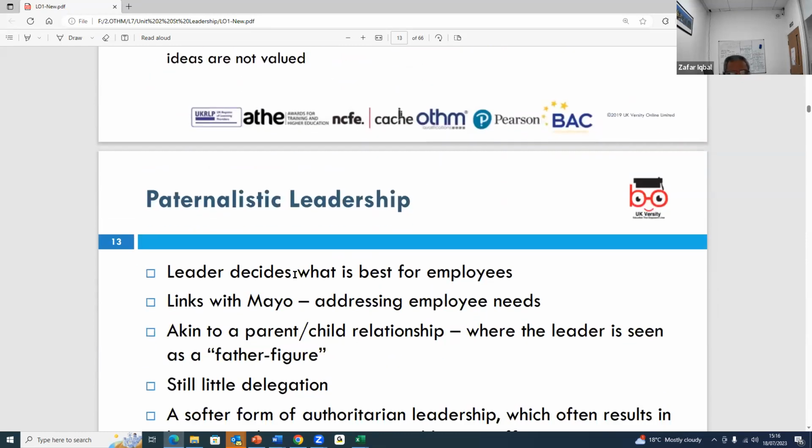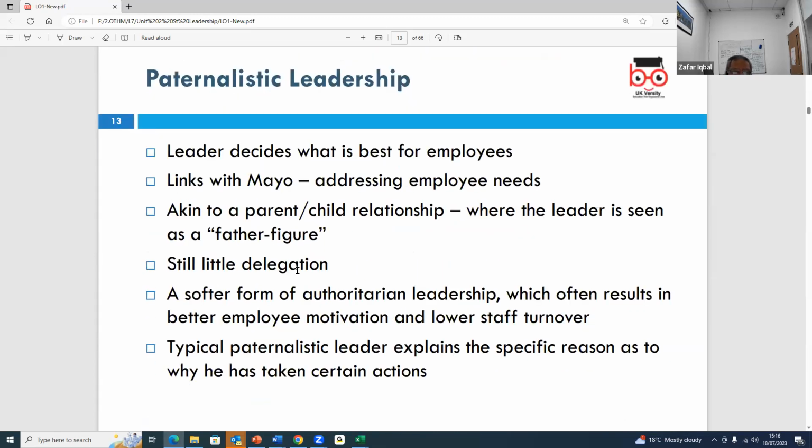Comparing this to paternalistic leadership, paternalistic is a kind of parent-child relationship where the leader is seen as a father figure, but he or she still refuses to delegate much or delegates very little.